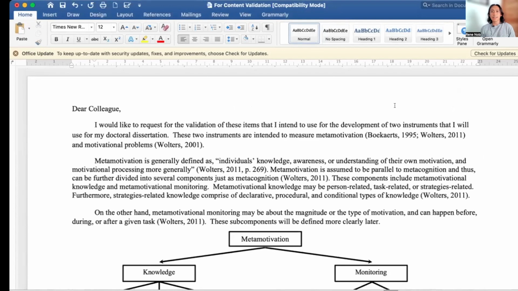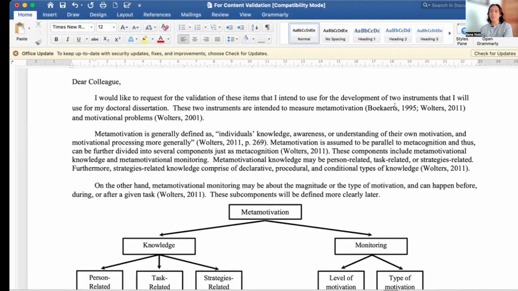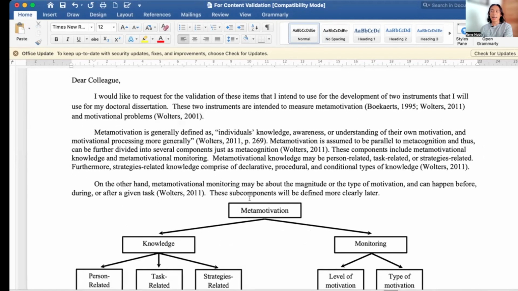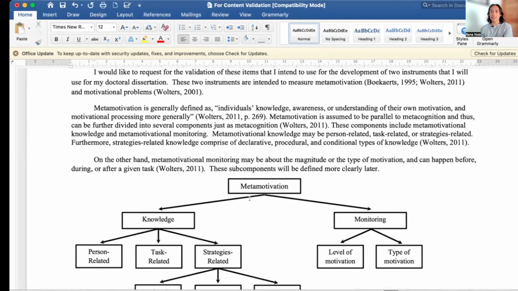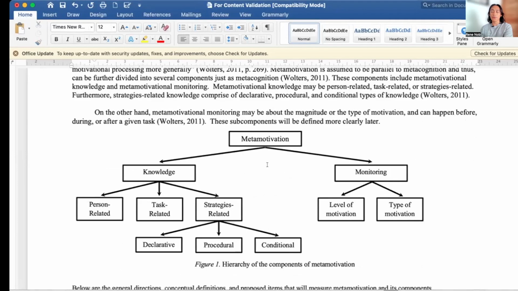So here is an example of a content validation form. This is for my dissertation, so I emailed a couple of my colleagues. In the first part, I provided an overview of what I'm trying to measure. In this case, I'm trying to measure meta motivation. I have illustrated through a diagram the possible dimensions of meta motivation.